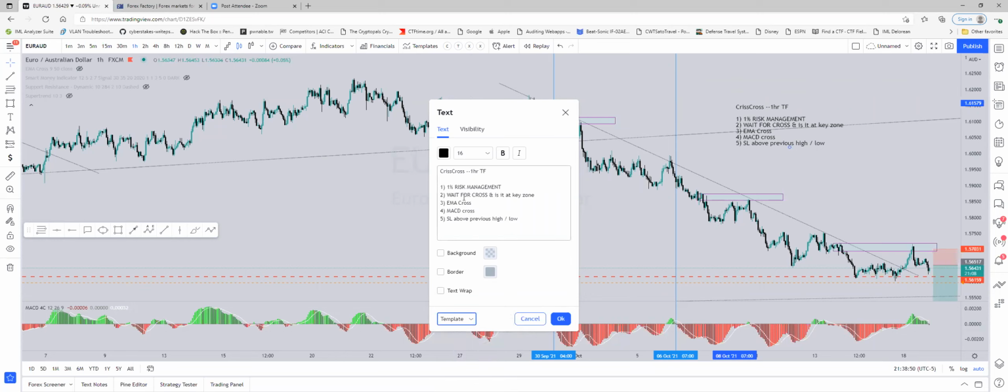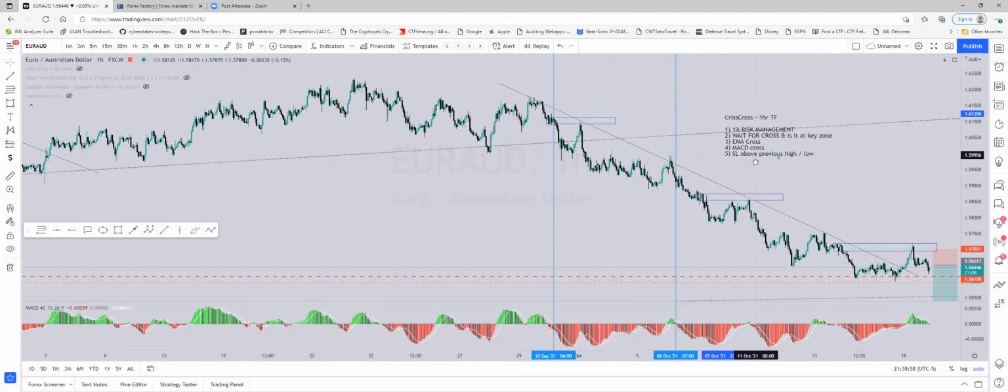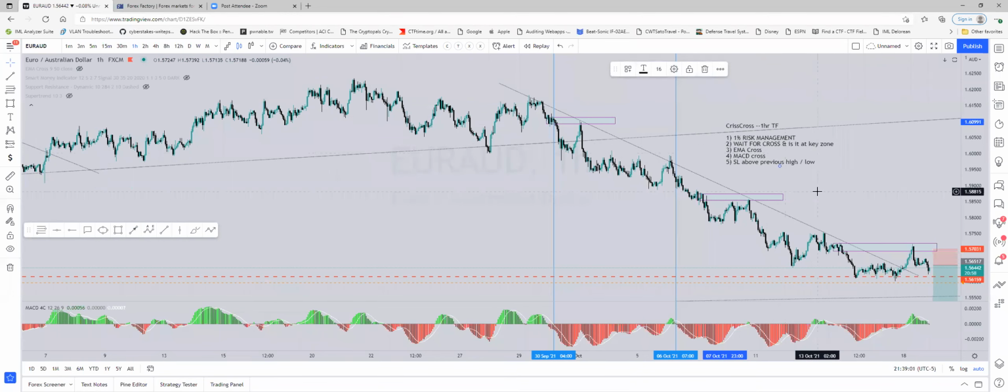And you had typed it out somewhere. Is it at a key zone? And it has to be going in the trend that you anticipate, of course. So high probability trades come from trading, let me see.